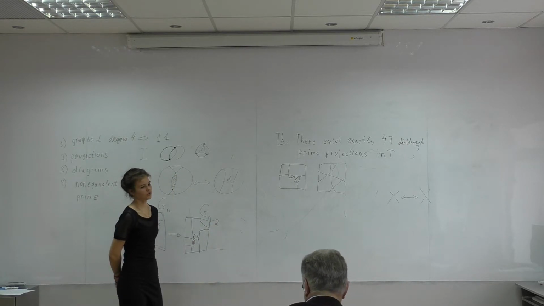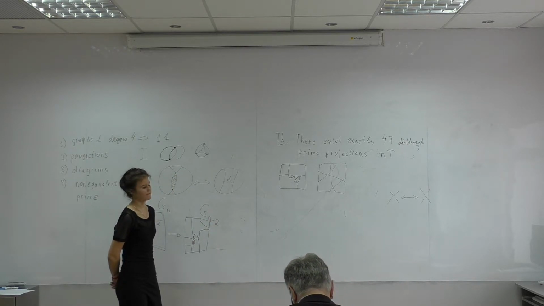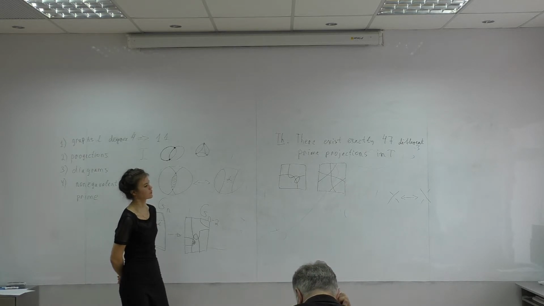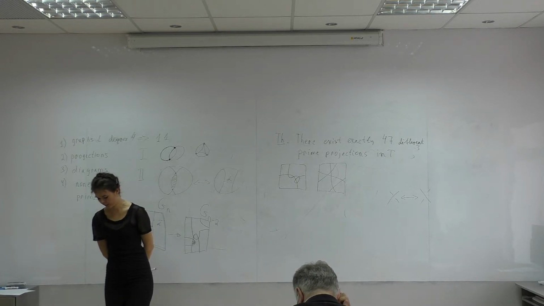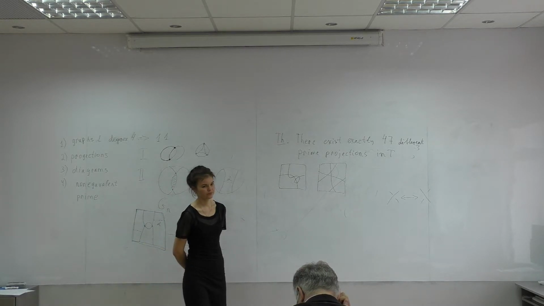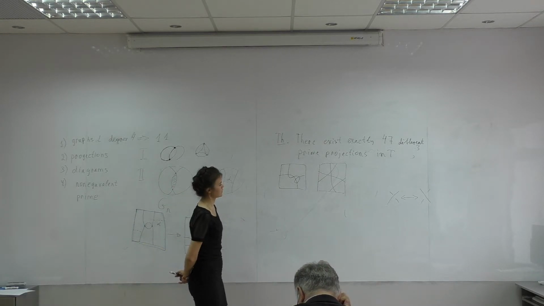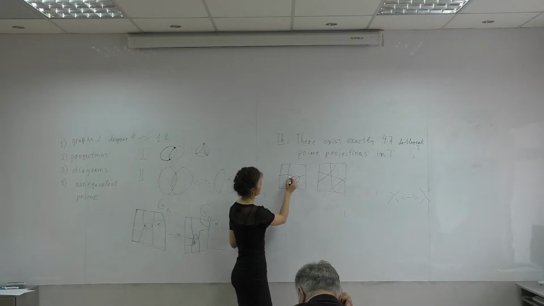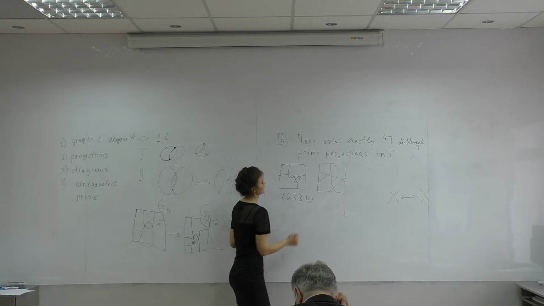To show that all projections in our list are different, we do the following. Let us calculate all angles in each space. For example, here it is 2, 2, 3, 3, and the last one is 10.